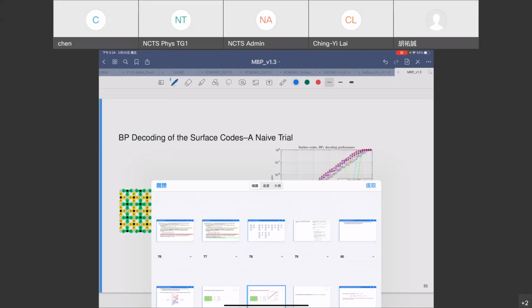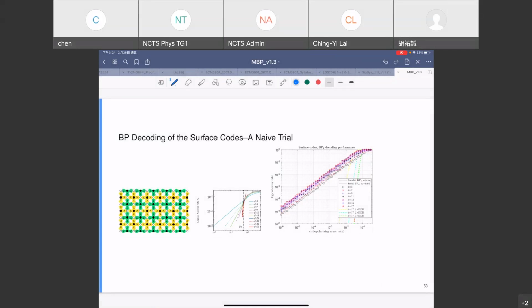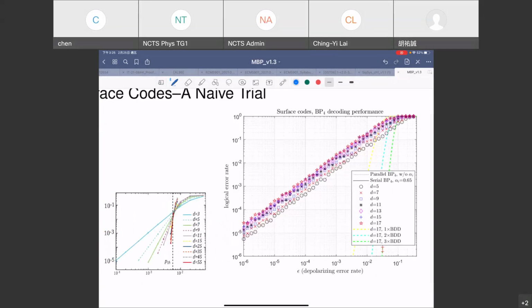So if we naively apply this algorithm to the surface code, you will see this performance curve. Ideally, we want the performance to have this waterfall-like curve, right?